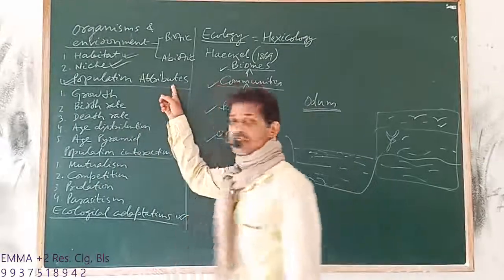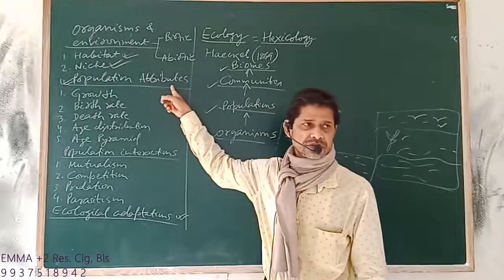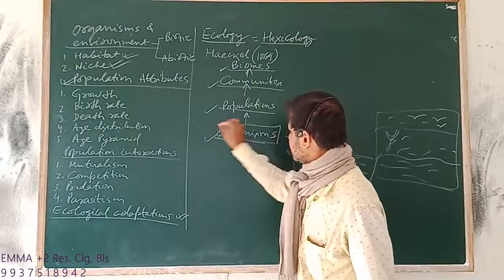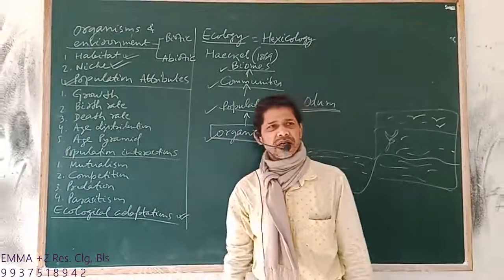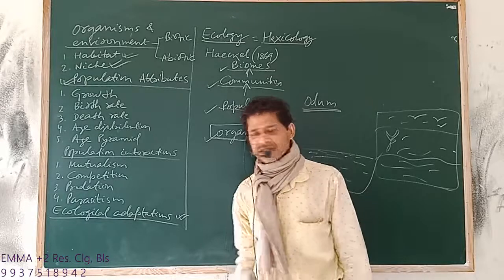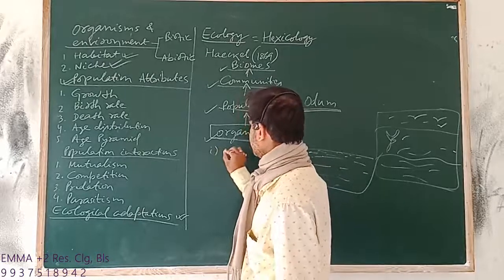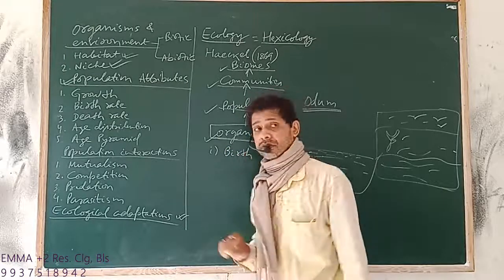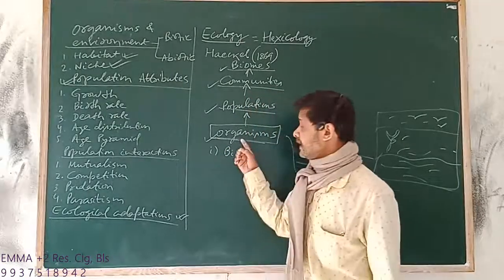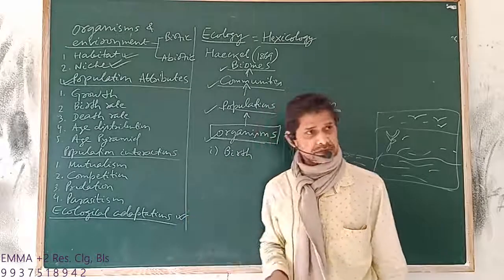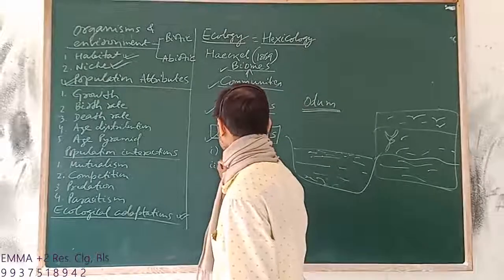Now population attributes. Attributes means features, characters. So every individual has characteristic features. For example, every individual can take a bath. So bath is a character. Every individual, after completion of life, will die. So death is a character.